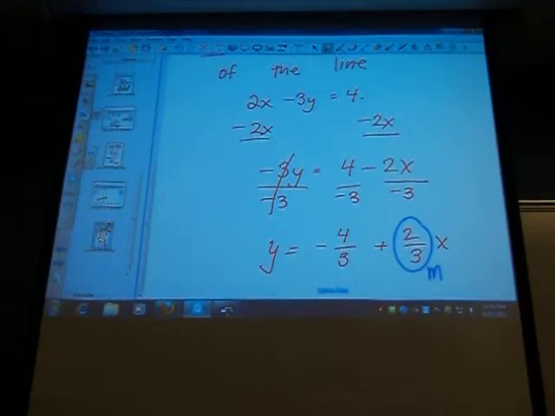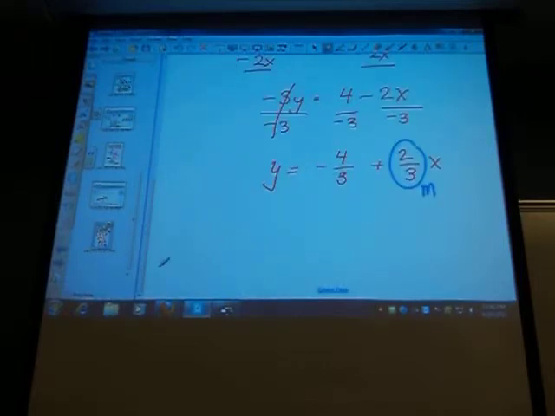Okay, now once I found the slope of my original line, what do I do with it? You plug it into the y equals m, well, not quite. You want to use that to figure out what the slope is of your parallel line or your perpendicular line.